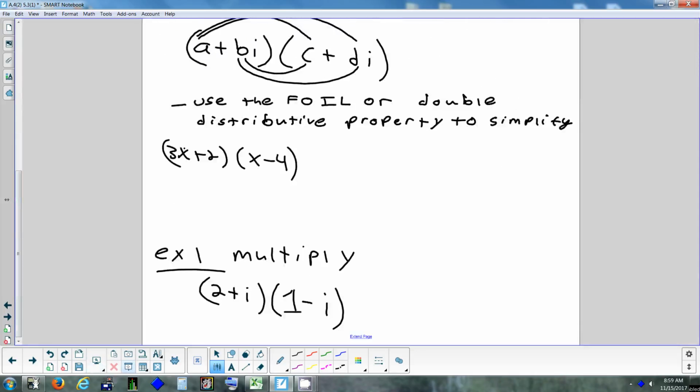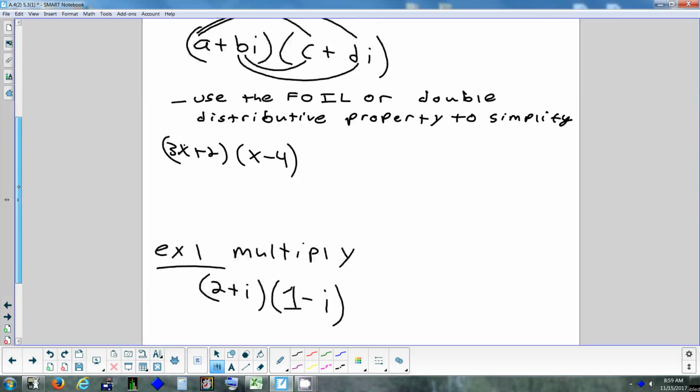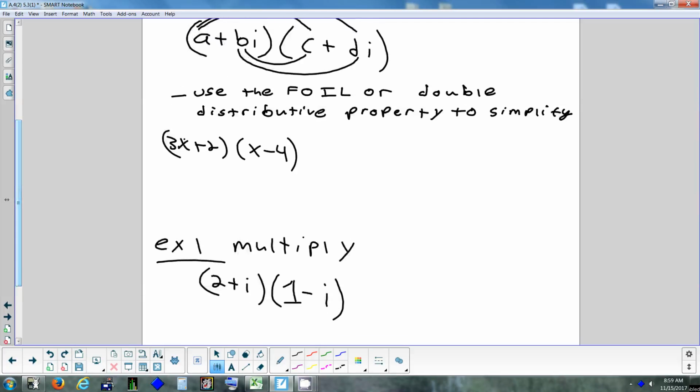Alright, so Peter, can you tell me first thing I would do? 2 times 1. Yep, we're going to start with the real part, so 2 times 1. I'm just going to write it as I go. If you want to write 2 times 1 and then simplify after, you can, but I think it's easier just to do that as you go.